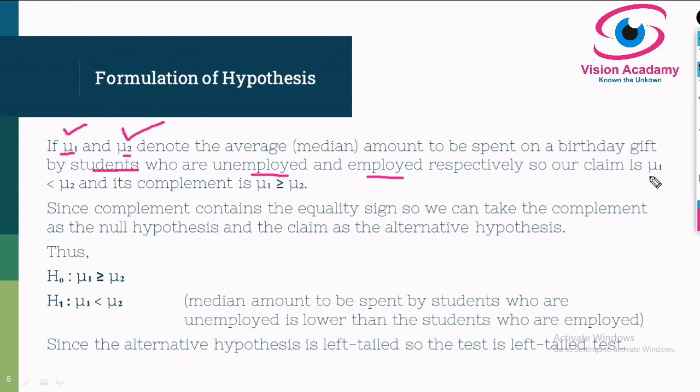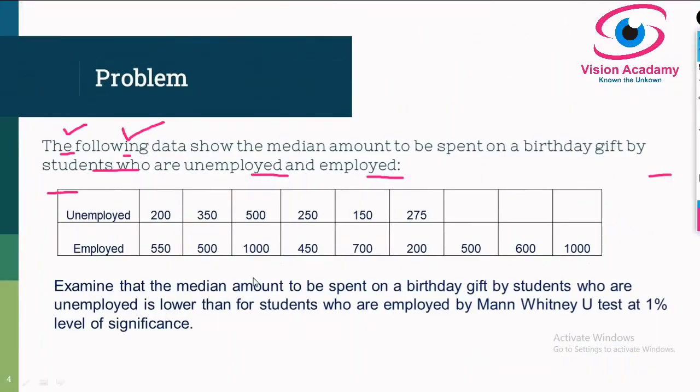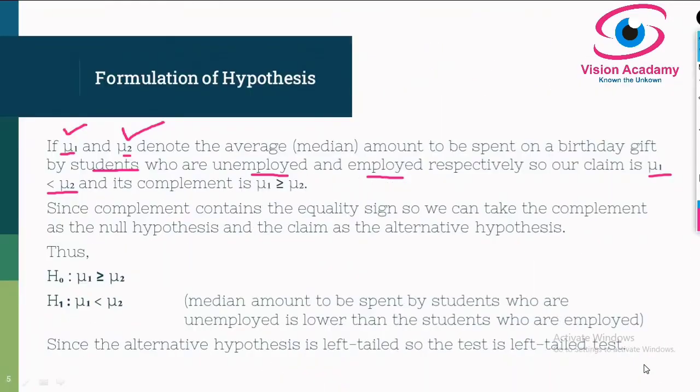Our claim is mu1 is lesser than mu2, because they have asked us to examine whether the median amount spent on birthday gifts by unemployed students is lower than that of employed students. Mu1 is unemployed and mu2 is employed, so mu1 lesser than mu2 is the claim.